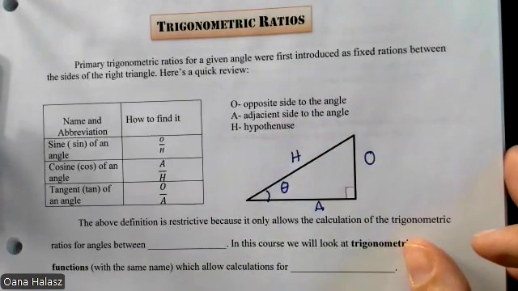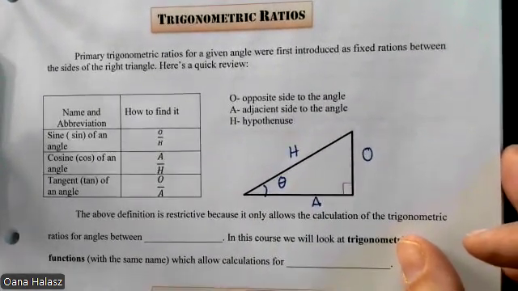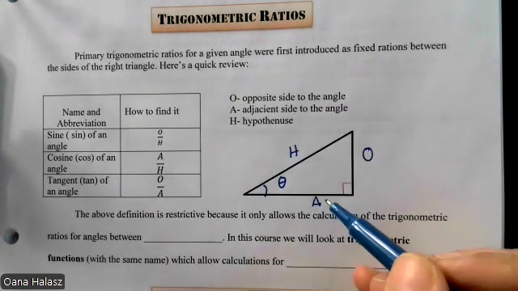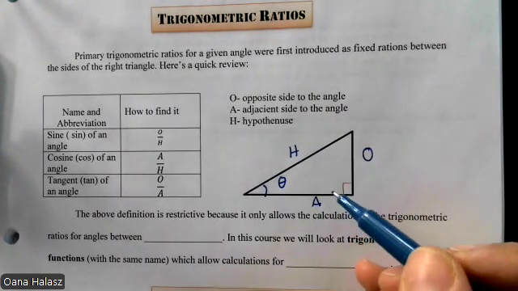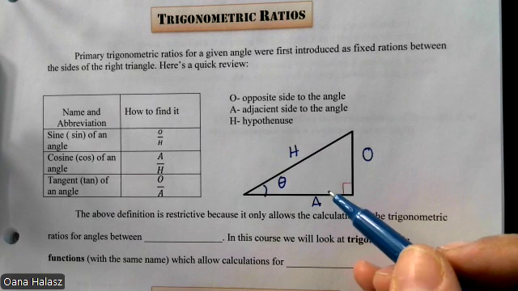What we have noticed with the right angle triangle is that the ratios we can create between the sides stay constant if you are looking at the same angle in a different, similar triangle.